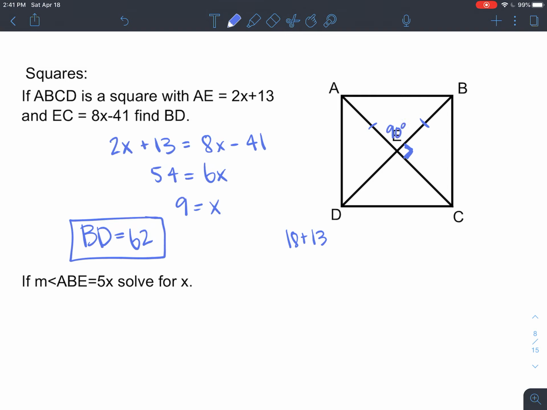So this will have a value of 90, and if ABE is 5x, so will BAC. So I've got 90 plus 10x is equal to 180. 10x is equal to 90, so x is equal to 9.